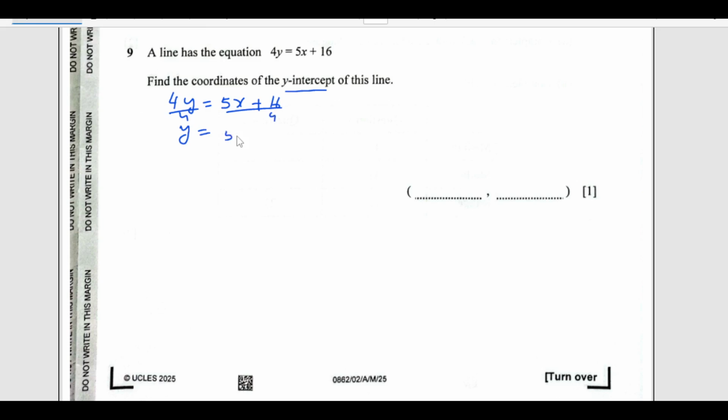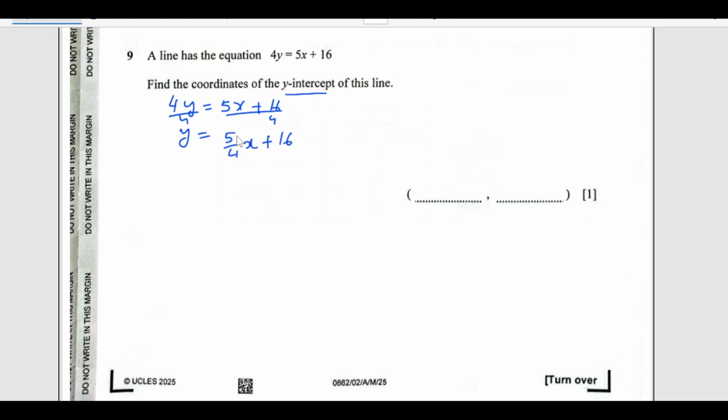This will become 5 over 4 x plus 16 over 4, sorry, 4 belongs to both. So y equals 5 over 4 x plus 4. This is our y-intercept, right? So we are looking for the coordinates.